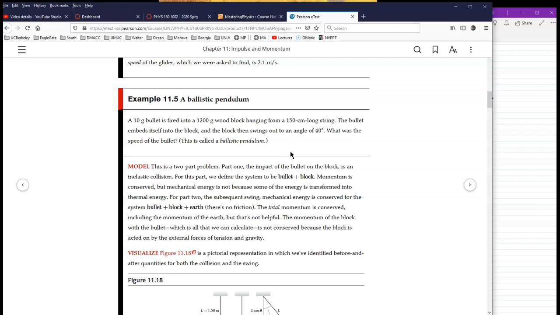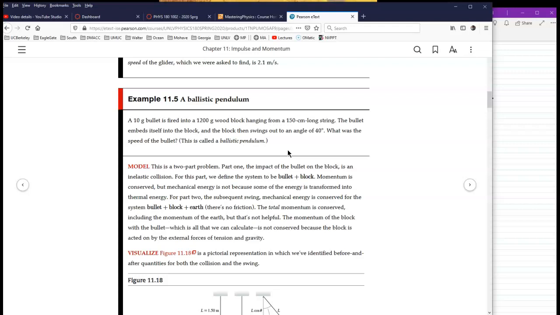A ballistic pendulum is an old-fashioned way of measuring the speed of a bullet. I've actually done that. I witnessed that back in the 80s when I took this course with our professor. I'm talking 1982, long time ago. And professor, believe it or not, had a real gun in the lab.